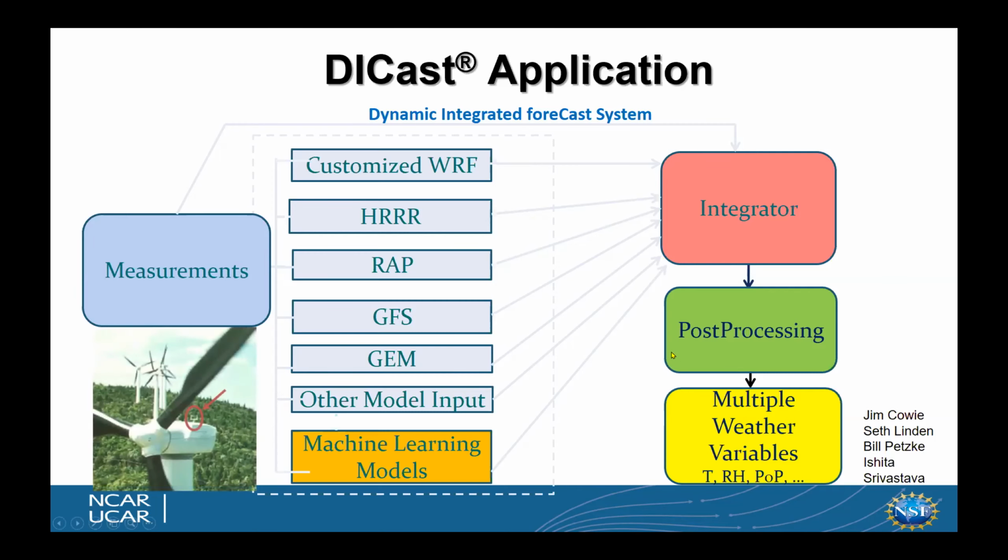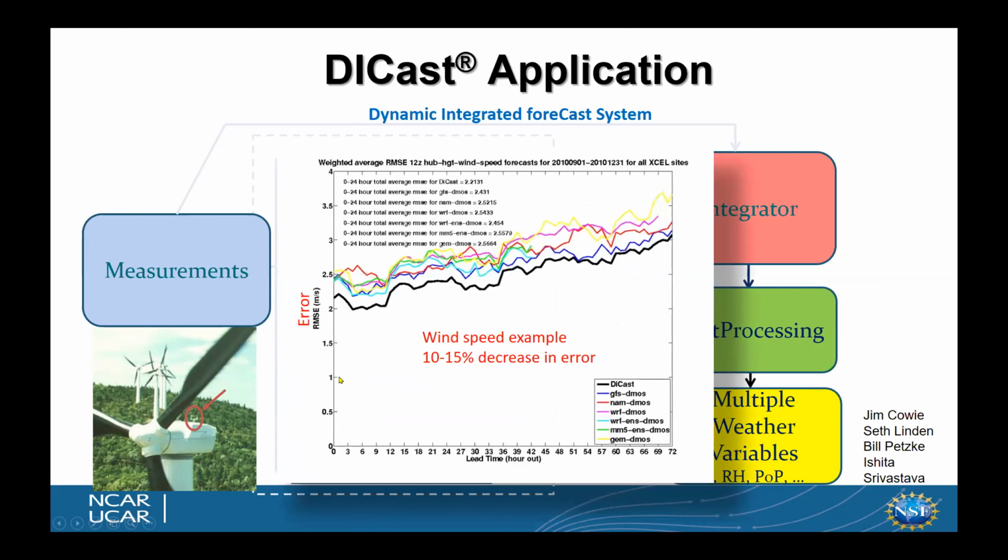Now, when we apply DICAST, for instance, to wind energy problems, we need observations in the field. And for wind energy, we actually use wind measurements from the nacelle anemometer on top of the wind turbine. And when we apply it to wind energy, we find that the error in DICAST, the solid black line here, compared to the dynamic MOS corrected versions of all the input models, and the RMSE by design, on average, will be lower than the best model after the DMOS has been applied.